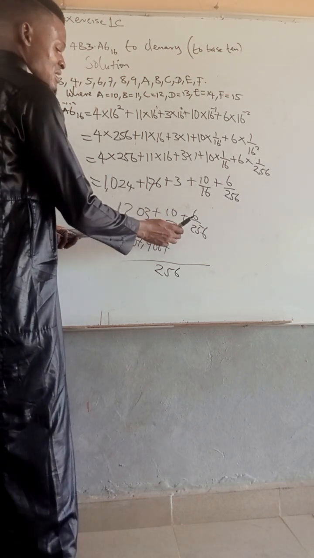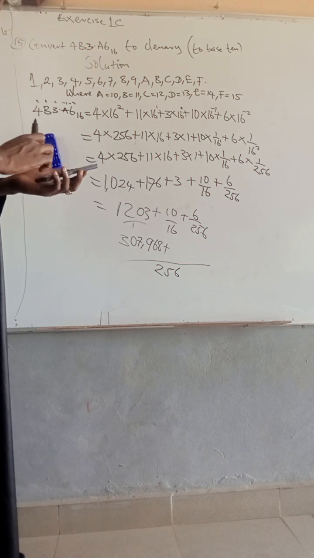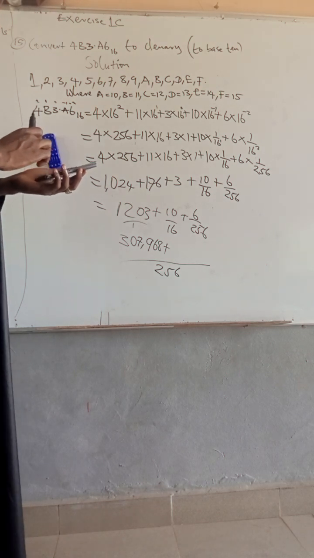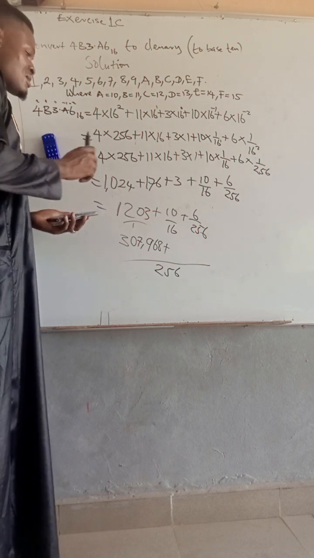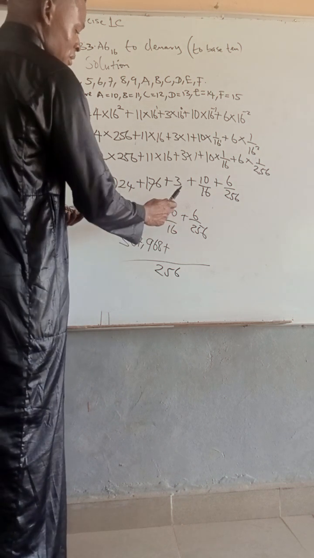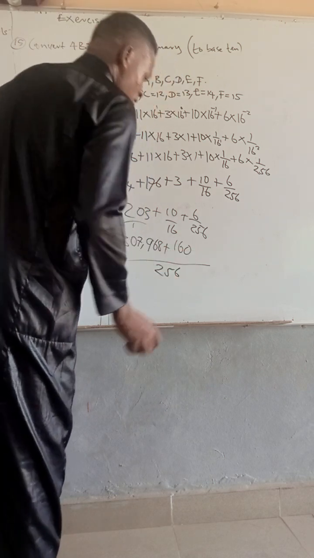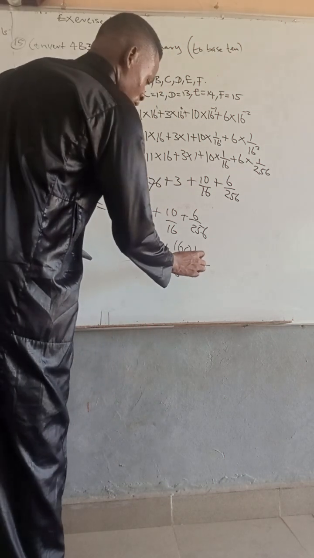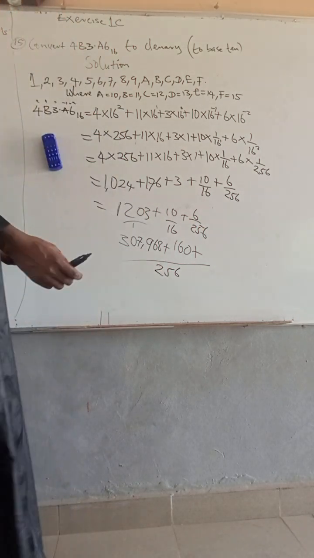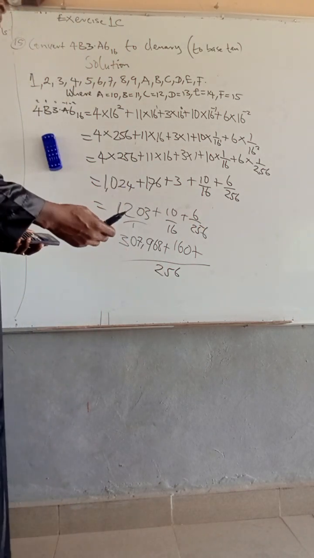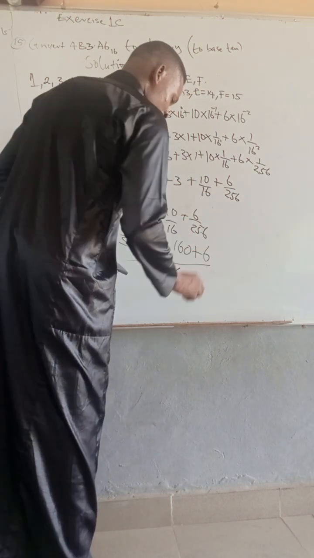Plus, for the next one, 256 divided by 16 is 16. Then 16 multiplied by 10 will give you 160, plus 256 divided by 256 will give you 1, and 1 multiplied by 6 will give you 6.